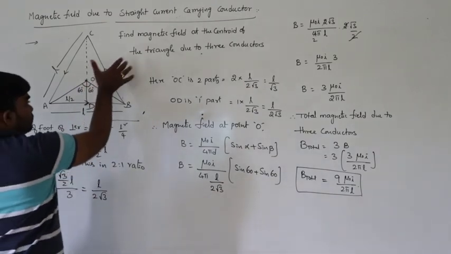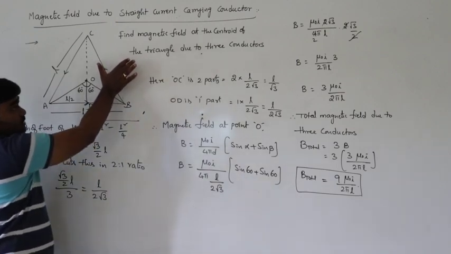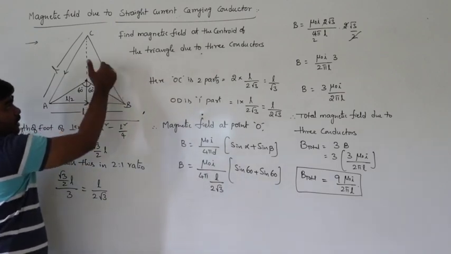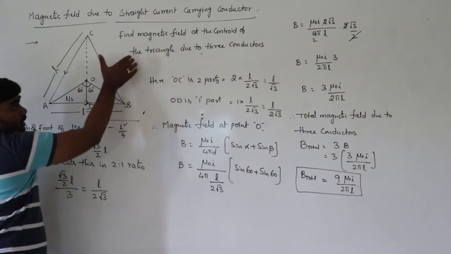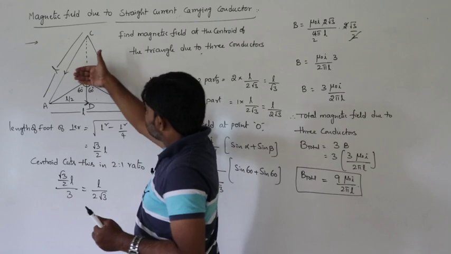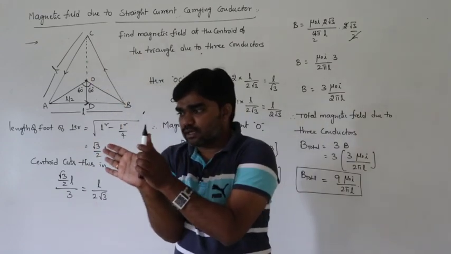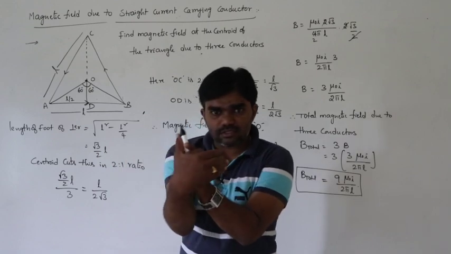And due to this one, this is the direction of the current carrying conductor. In this direction, the direction of the magnetic field is inwards. But when we come to this point, here this is the direction of the conductor, with the curling of the fingers like this.